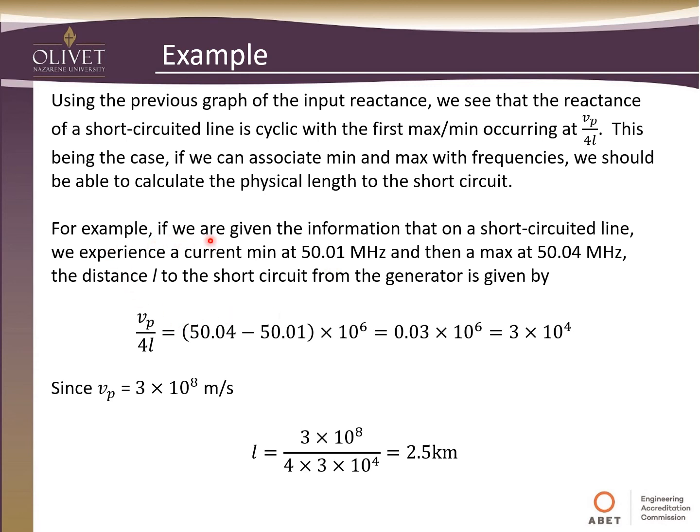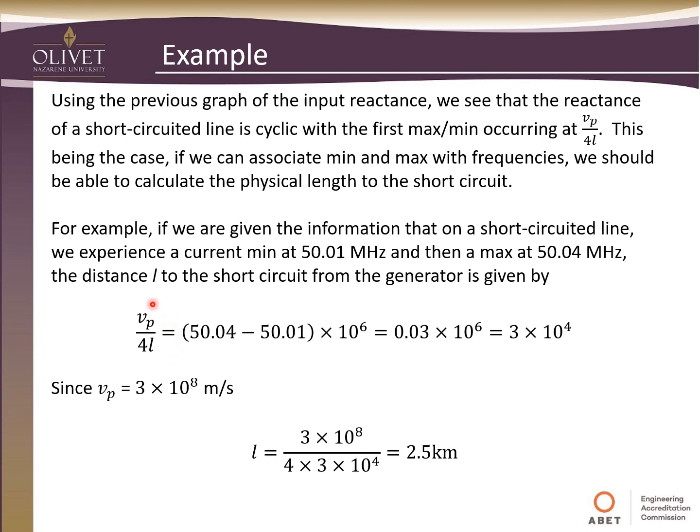So for example, in this case, if we're given the information that on a short-circuited line we're experiencing a current minimum at 50.01 megahertz, and then a current maximum at 50.04 megahertz, then we should be able to figure out the distance L to the short circuit from our generator, or from our test unit where we're injecting this.